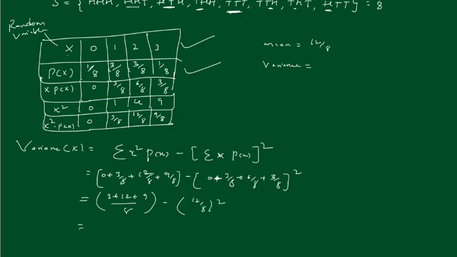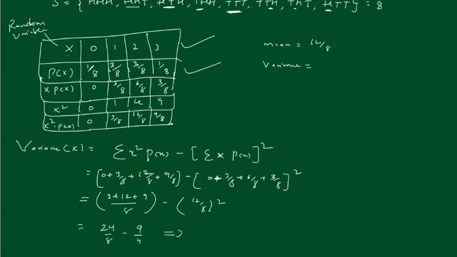So here we get 24 by 8, and 12 by 8 means 3 by 2, whole square means it is 9 by 4, right? 12 plus 3 is 15, 15 plus 9 is 24 by 8 minus 9 by 4, right?